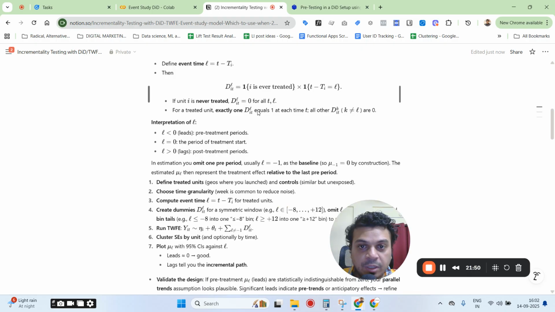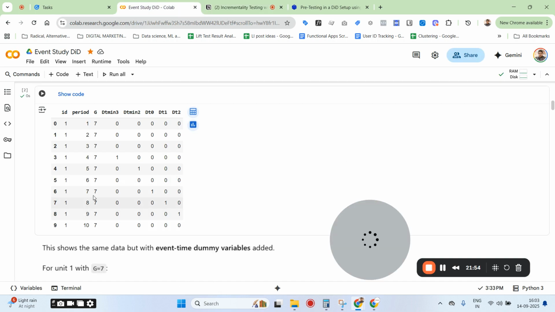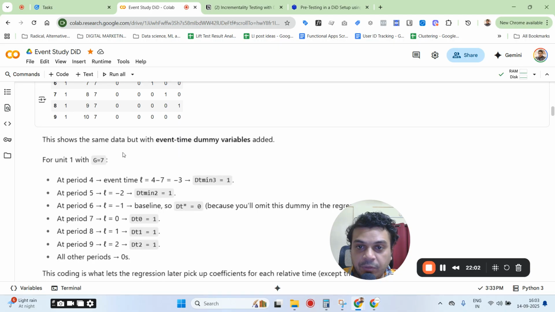Suppose I look at this explanation here: at time period 4, event time is nothing but 4 minus 7. Remember we said that it starts at 7. So in this case, if it starts at 7, D minus 3 becomes 1.